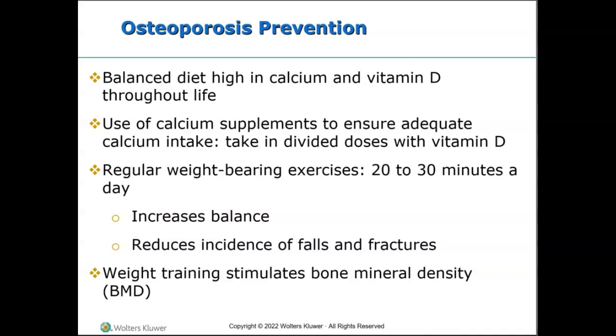In addition to weight-bearing exercises, they can add non-weight-bearing exercises like swimming and biking, because that can also help strengthen their muscles and improve the patient's balance. So we're not going to just do weight-bearing. And if the patient has more serious balance problems, they really should work with a physical therapist to do balance training and strengthening.